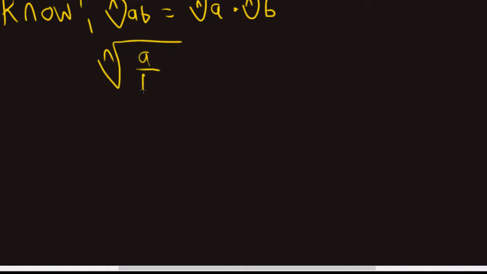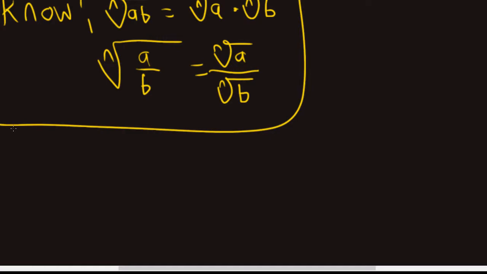We know that the nth root of AB is equal to the nth root of A times the nth root of B. And we also know that the nth root of A over B is equal to the nth root of A over the nth root of B. Those are the two things that we have proven so far.